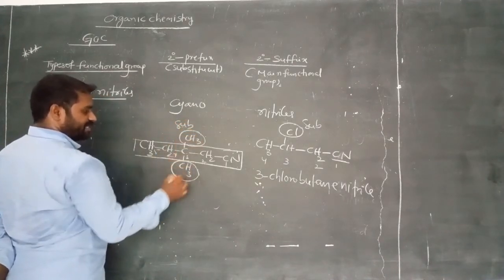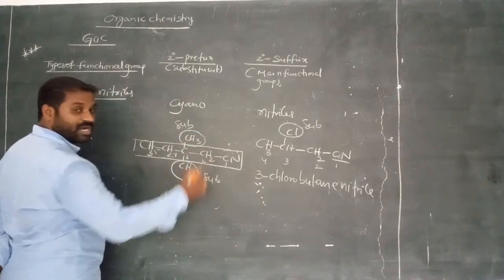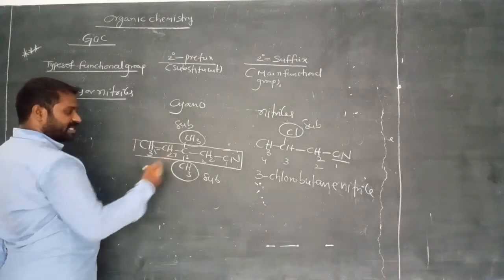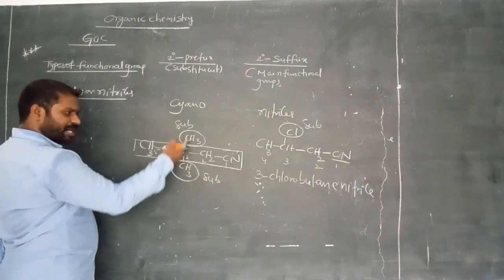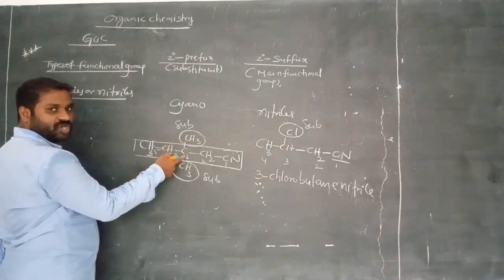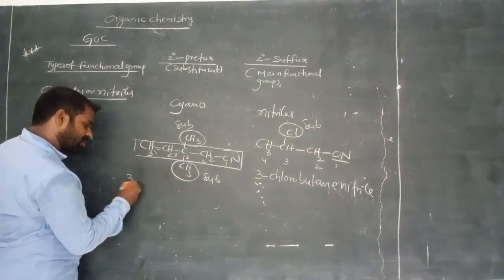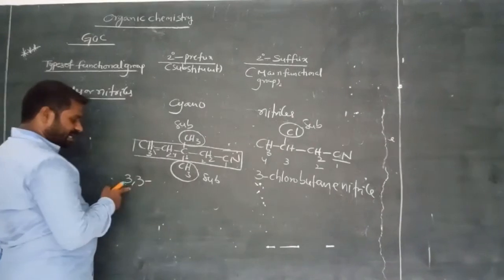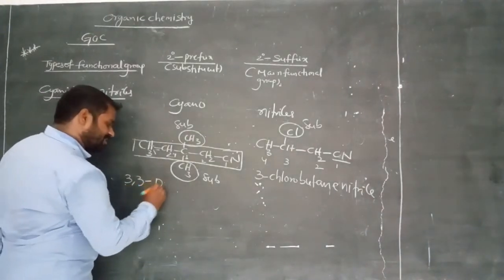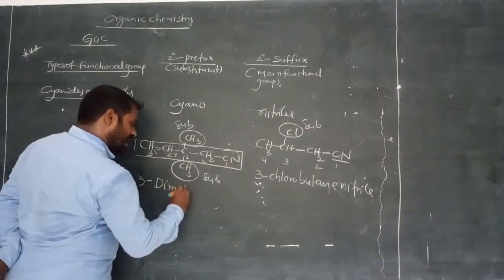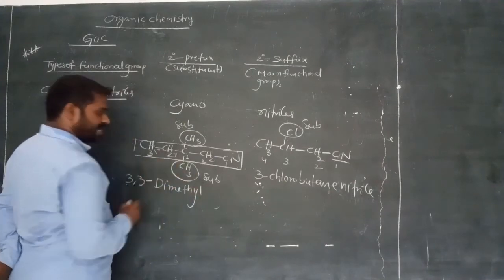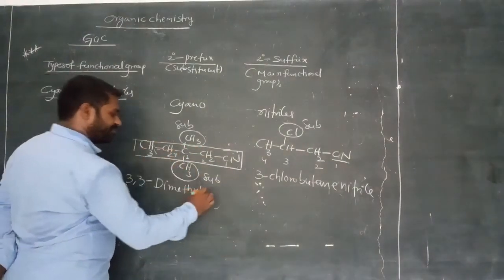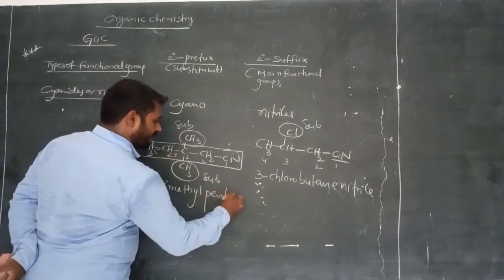Which group? These are methyl groups, am I right? CH3 group is called methyl group. Now write the substituent: two are present at third carbon. Two same substituents present at the same carbon, that is third carbon. So now in this case, how to write 3, 3? How many methyl groups are present? 3, 3 dimethyl. How many carbons? 1, 2, 3, 4, 5. 5 means pentane.